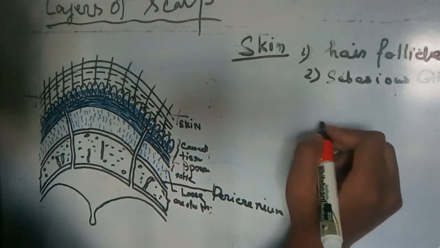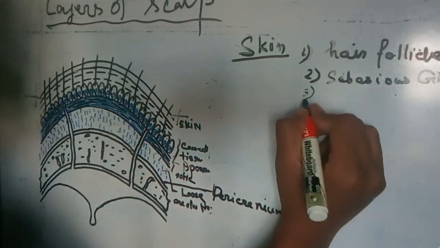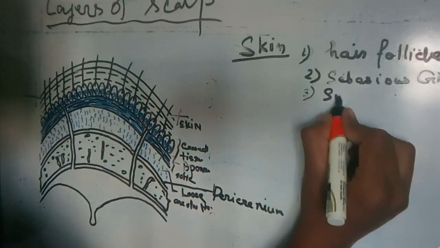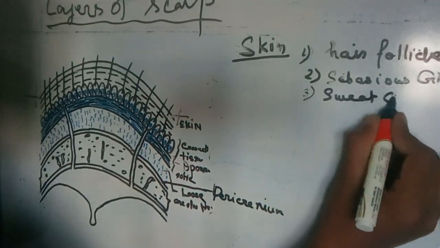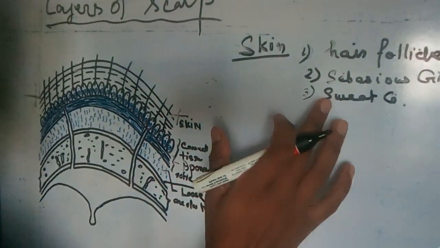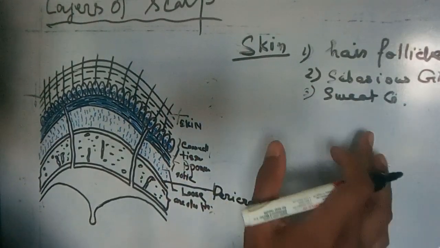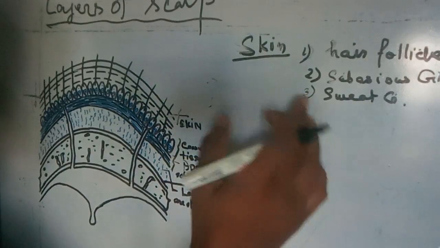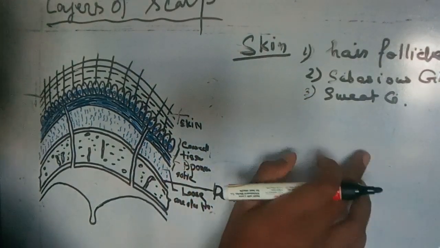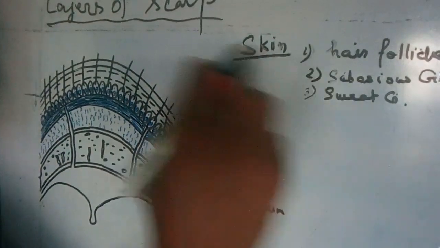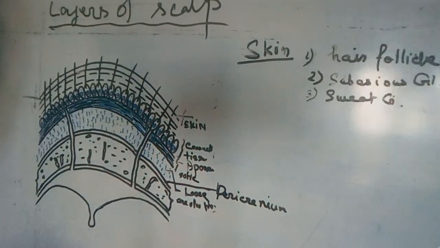And number three, sweat glands are also present here, along with a rich supply of blood vessels. Wounds of the skin do not gape here. So these are the characteristics of the skin layer.